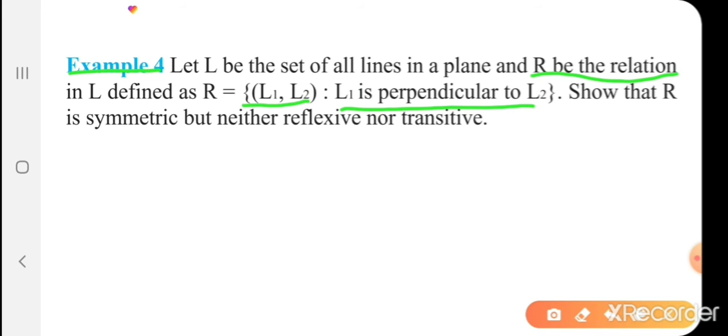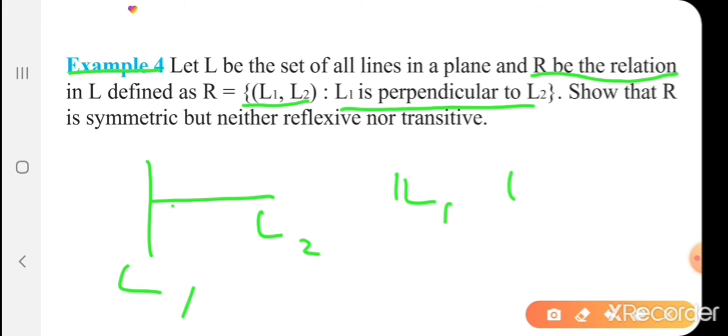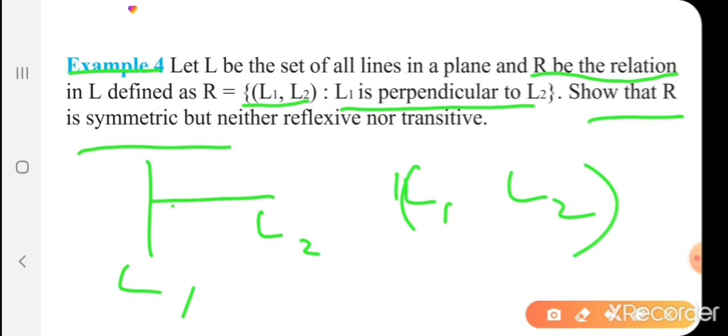That means this is line L1 and this is line L2. Then clearly L1 is perpendicular to L2, so L1 is related with L2. Then you show that R is symmetric but neither reflexive nor transitive.